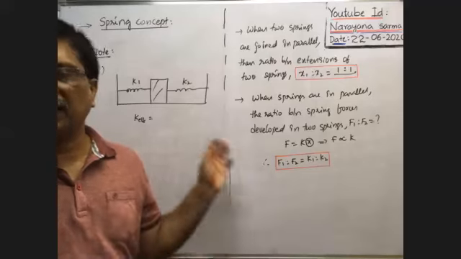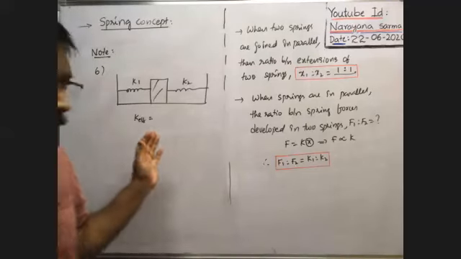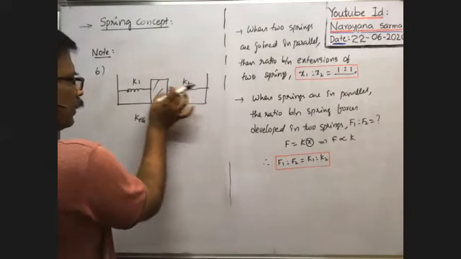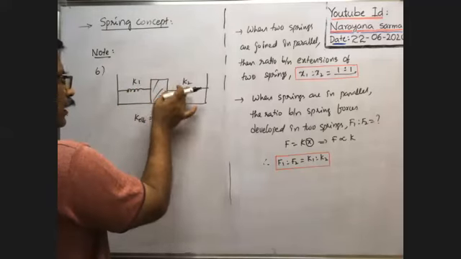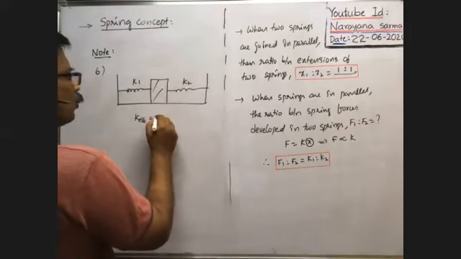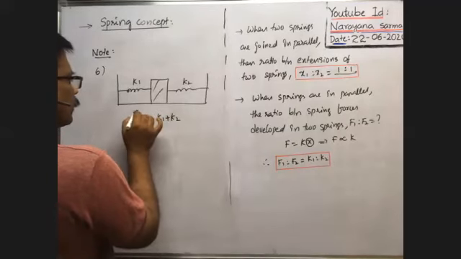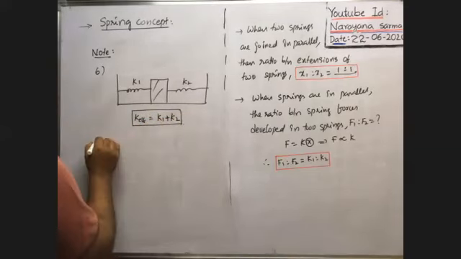Whenever the block is displaced like this, compression takes place here and extension takes place here. Compression and extension are both the same. That's why these two are in parallel. Whenever these two are in parallel, the effective spring constant is equal to the sum of the individual spring constants. Okay. Next.